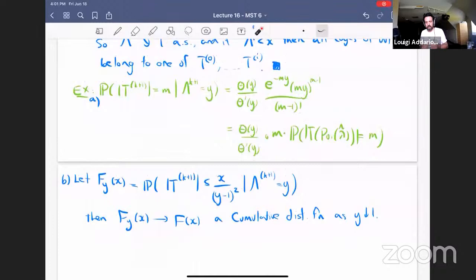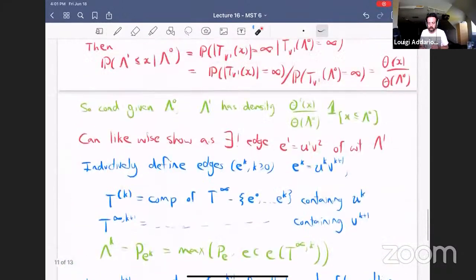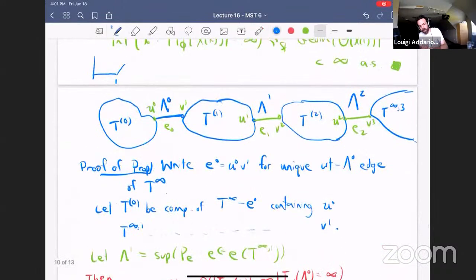Okay, and it turns out there are even more sort of magical distributional properties in this picture. If you look at the number of edges along this path in the pond, conditional on the next maximal weight, it's exactly geometrically distributed.